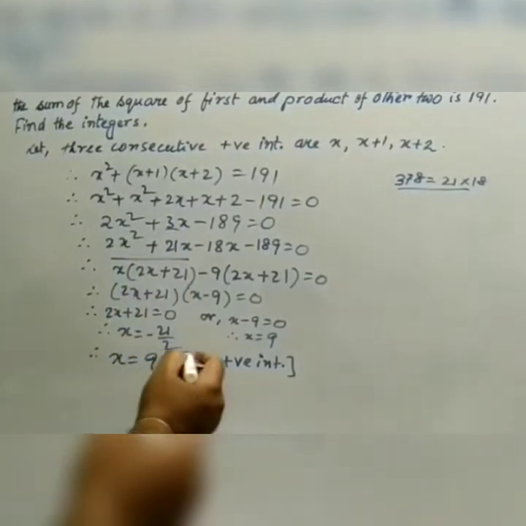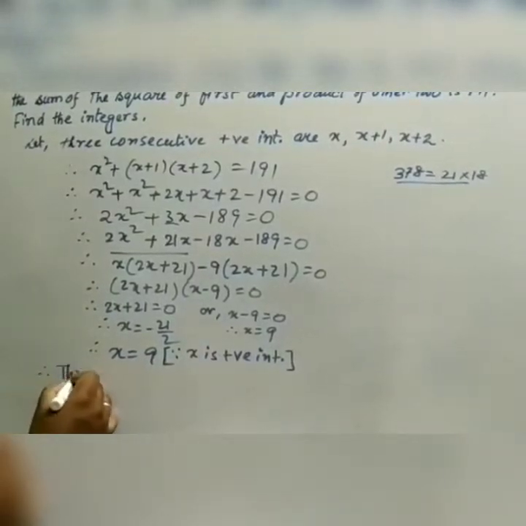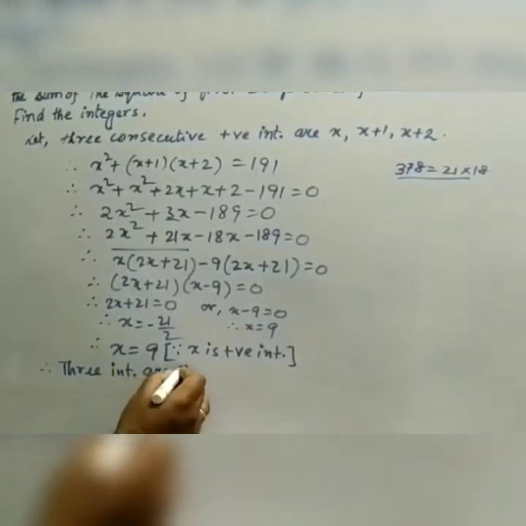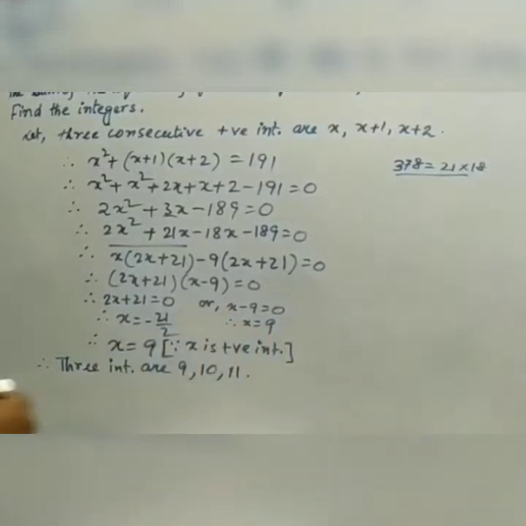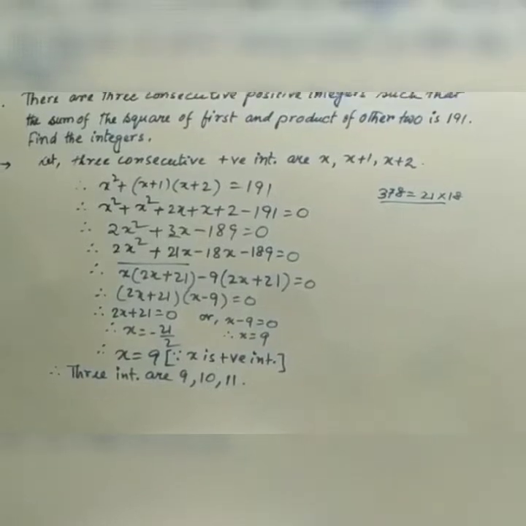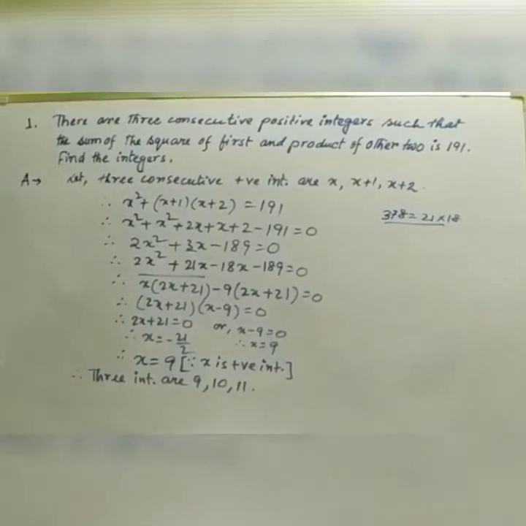Therefore the 3 integers are 9, 9 plus 1 is 10, 9 plus 2 is 11. So we got our answer: the 3 consecutive positive integers are 9, 10 and 11.